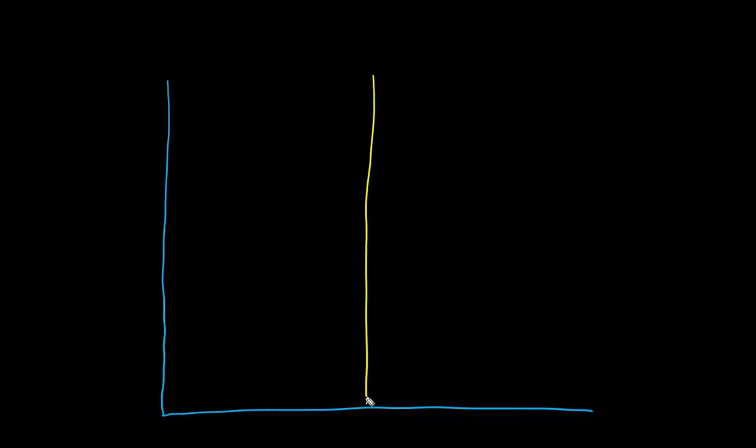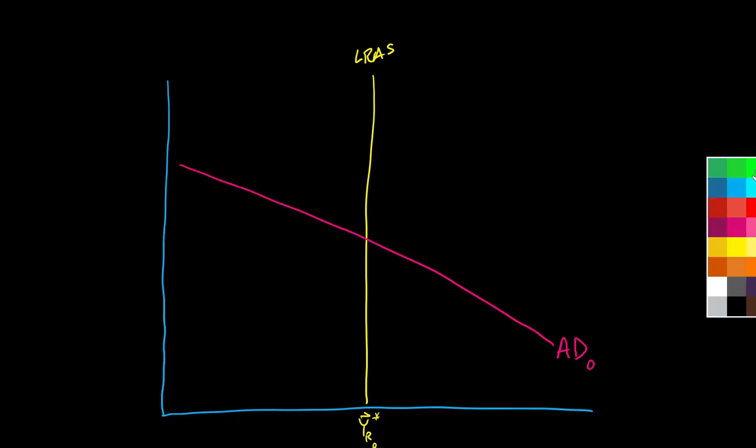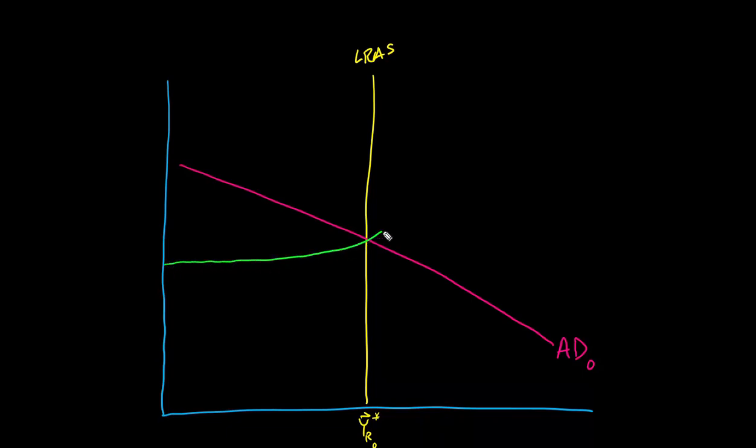We're going to have our long run aggregate supply, our original aggregate demand, and our original short run aggregate supply curve.